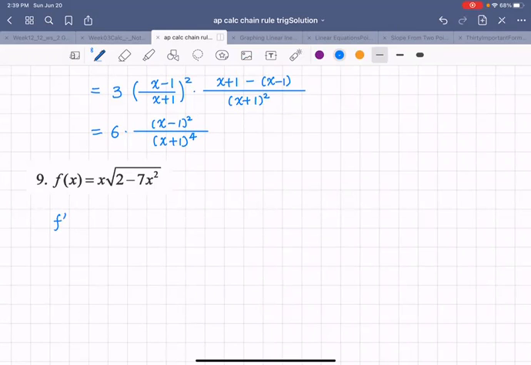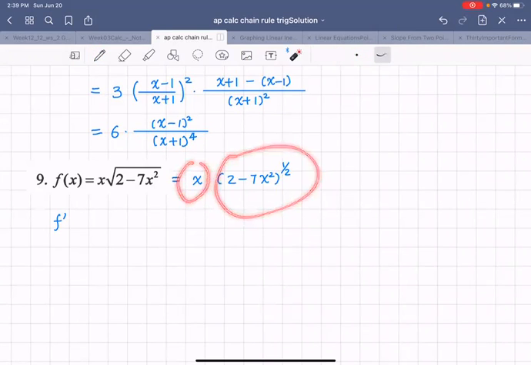yeah, we can rewrite this first. Okay, now you can treat this as a product rule, okay? Go ahead. Do I take 1/2 to the front first?